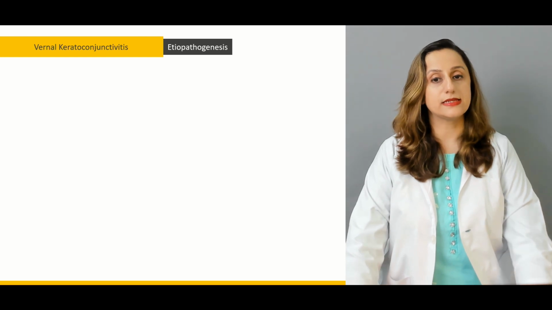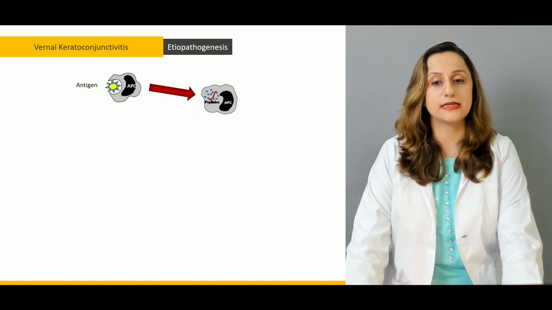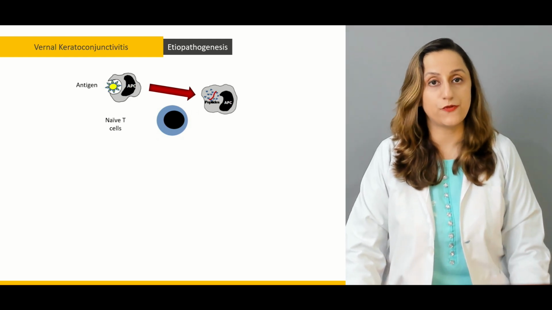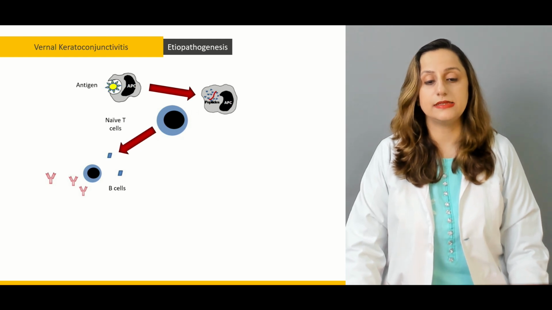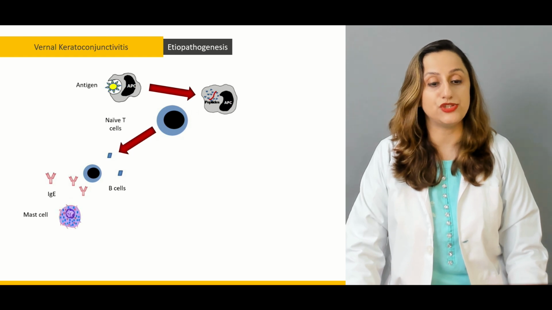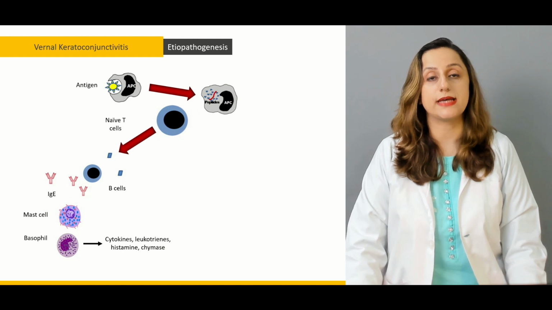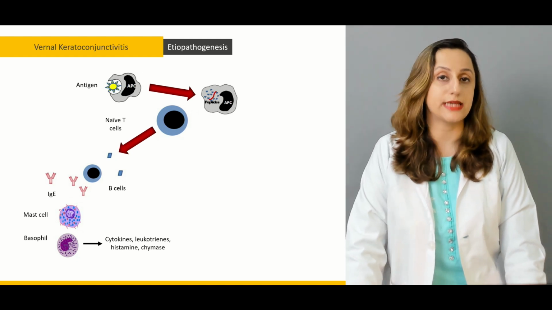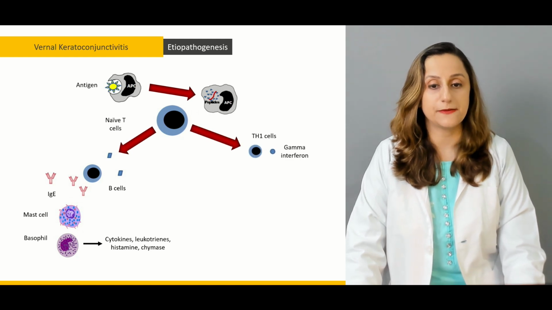The pathogenesis or etiology is that the antigen releases peptides, which are responsible for the formation of naive T cells. After that, the B cells are also sensitized, and there is production of IgE. Mast cells and basophils are involved, and there is a release of cytokines, leukotrienes, histamines, and chemokines into the blood.